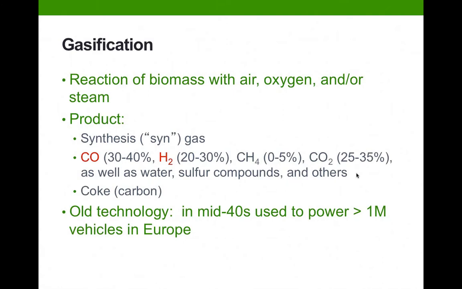But we also get a solid carbon product, which is called coke, or increasingly called biochar. And this technology of gasifying biomass or coal or trash has been around for a long time, and it was used in the wartime as a way to get fuels for vehicles when they didn't have access to petroleum.